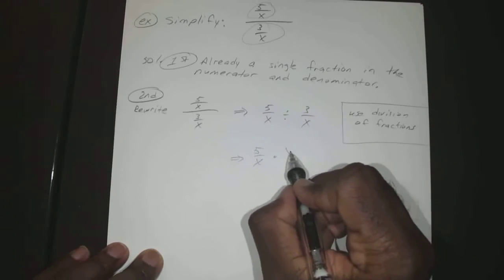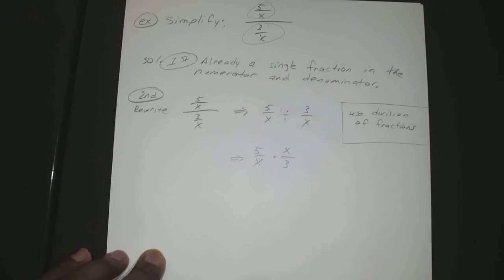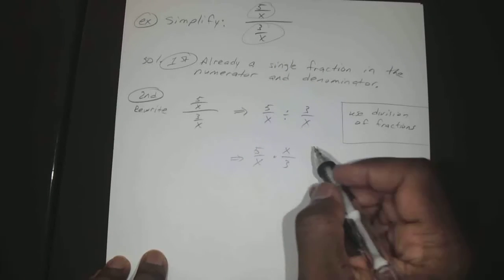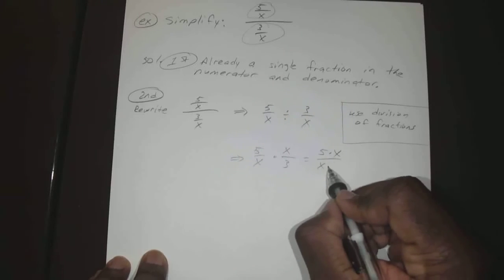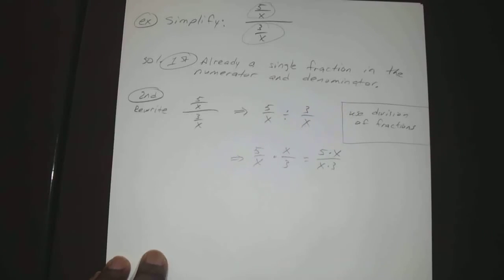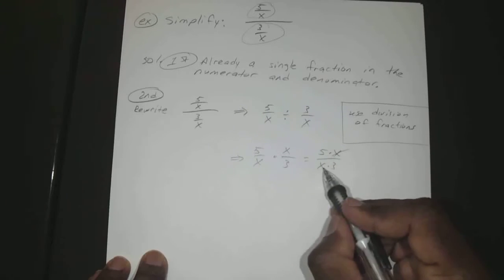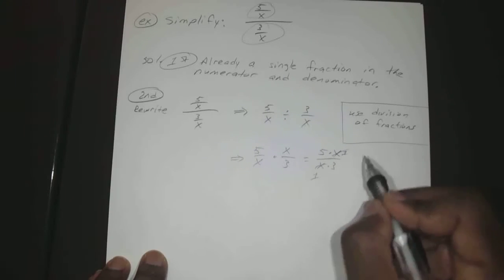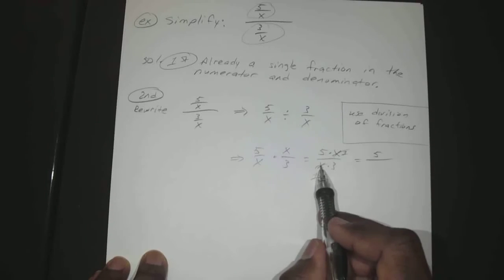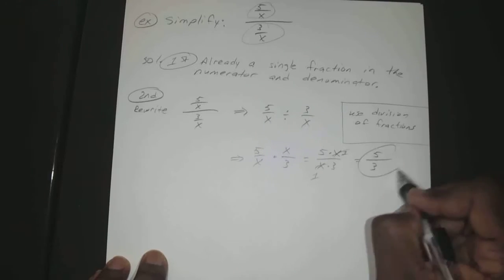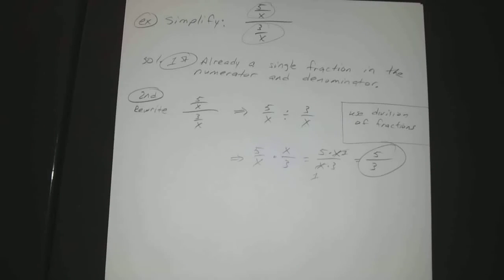So 3 over x becomes x over 3. So you have 5 times x over x times 3. And you could have just canceled those two if you wanted to. So these two cancel each other out. So you have 5 times 1 over 1 times 3. Okay. So that would be your answer for that one.